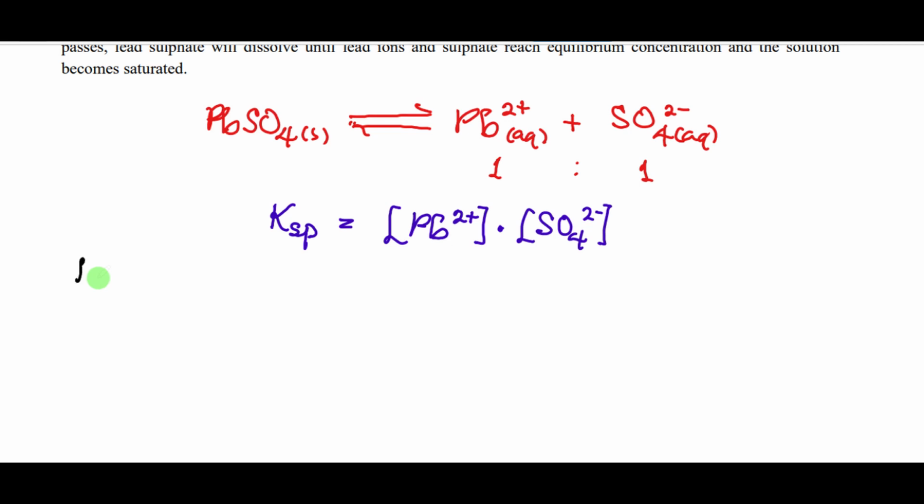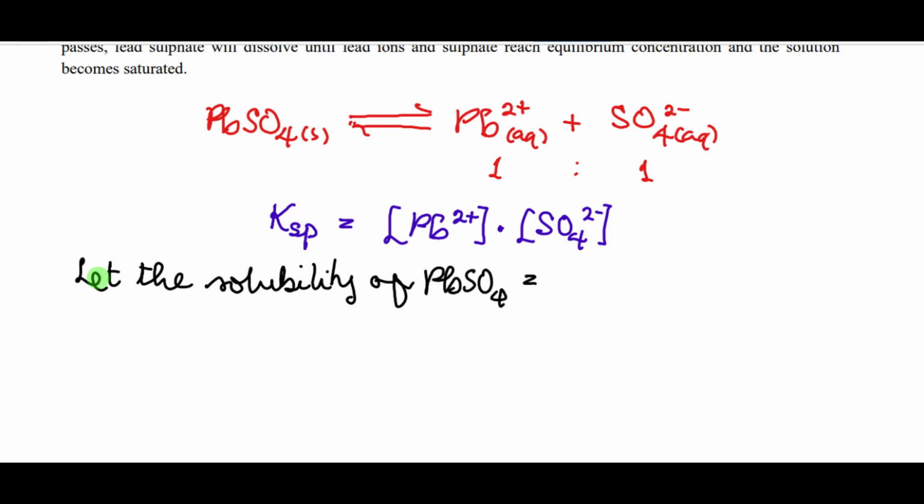So we can select the solubility of PbSO4, lead 2 sulfate, to be equal to what? X. Now from the equation of reaction, the number of moles of PbSO4 is equal to the number of moles of Pb2+. It's also equal to the number of moles of SO4 2-.